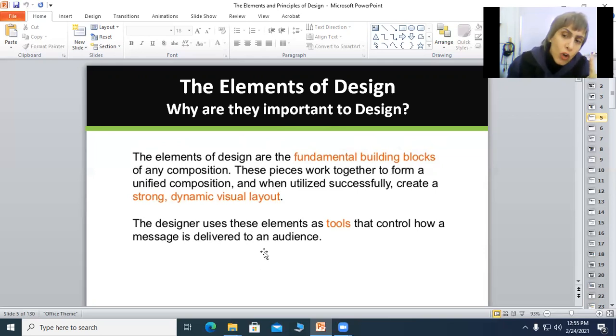So being able to talk about design is as important as designing, because let's say you designed something and it is a successful design. But when someone asks you, explain to me about this design, how did you end up with it? How did you start? You will not be able to explain.